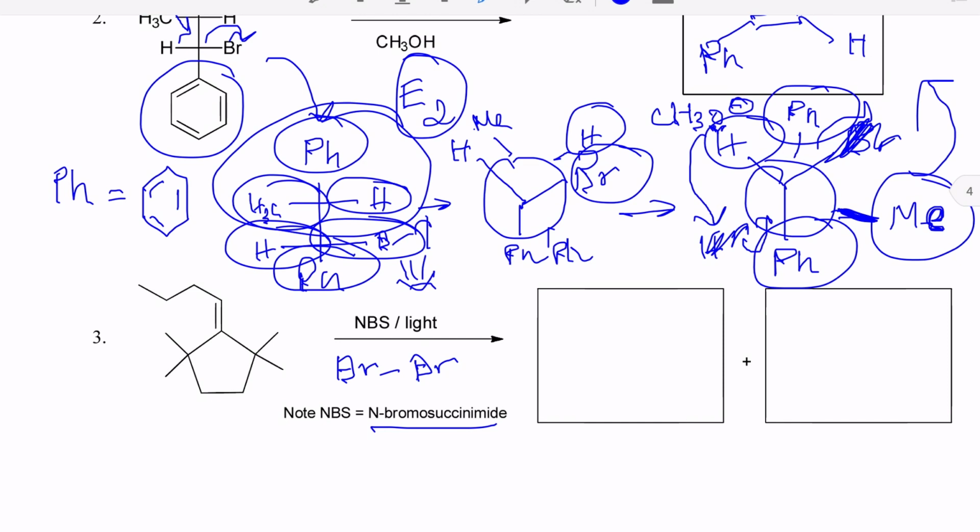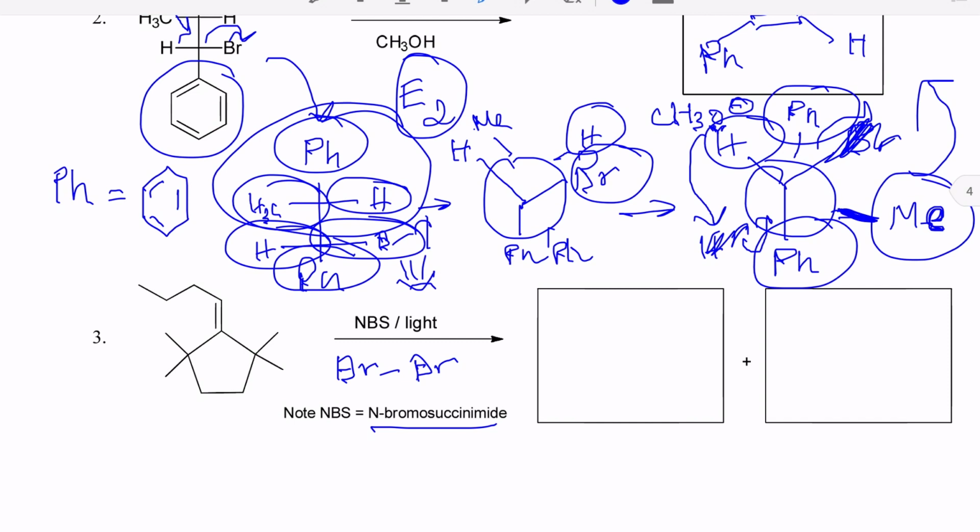The only difference between using normal bromine gas or bromine with light and using NBS with light is that you can think of NBS as just a more controlled way to do radical bromination. When you do normal radical bromination, the reaction can proceed in such a way that the bromine diatomic molecule is regenerated at a very fast pace.